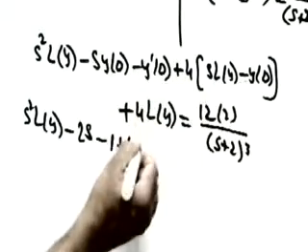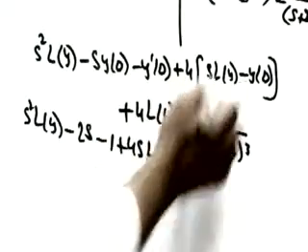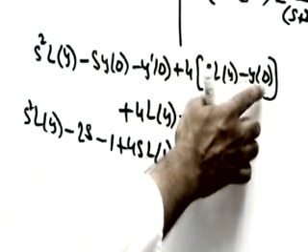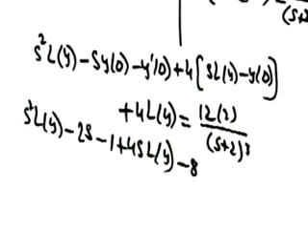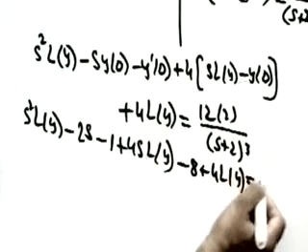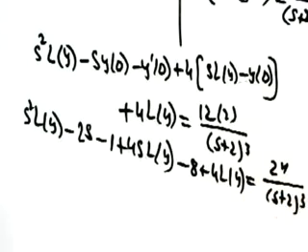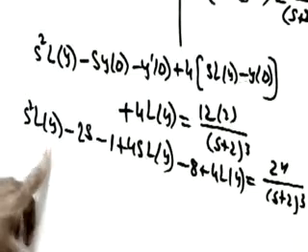Plus 4 into s Laplace of y minus y naught, y naught value is 2, 2 4s are 8, plus 4 into Laplace of y equals 24 by s plus 2 whole cube.